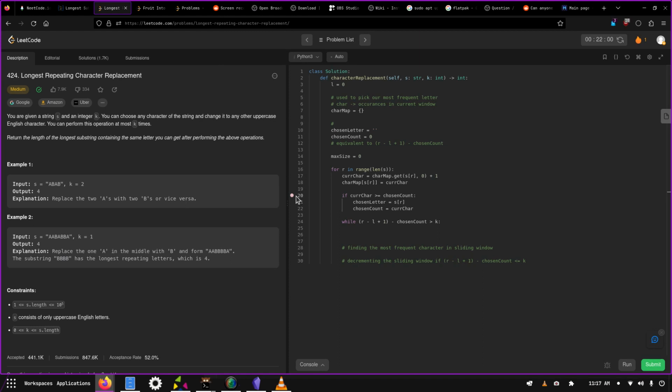Alright, so I want to do a few things within the sliding window. Cur left is equal to chosen car map SL.